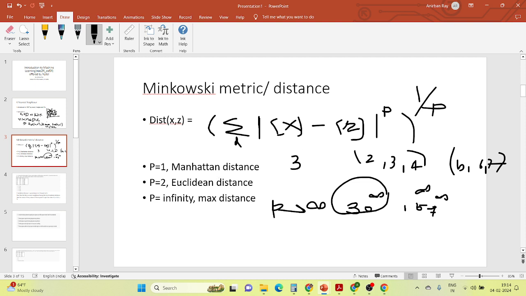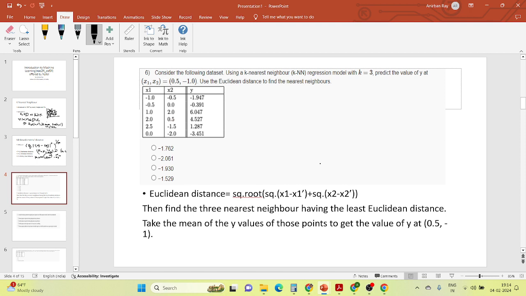Suppose the power is 2 here, with summation over the dimension. 6 minus 3 is 3, power is 2. Then 7 minus 4 is 3, power is 2. Then raise the sum to the power 1 by 2. Like that.